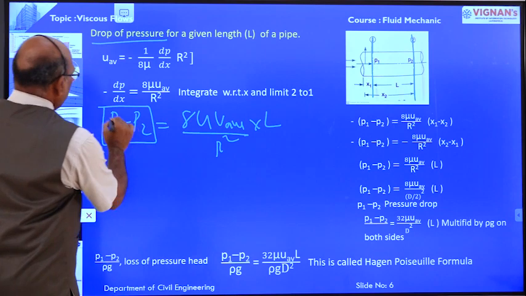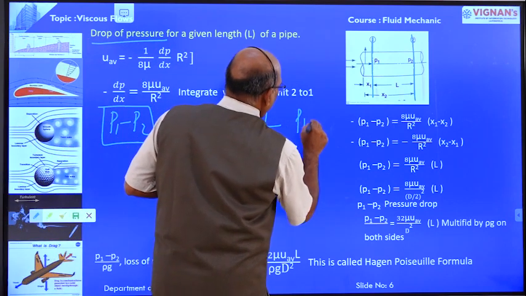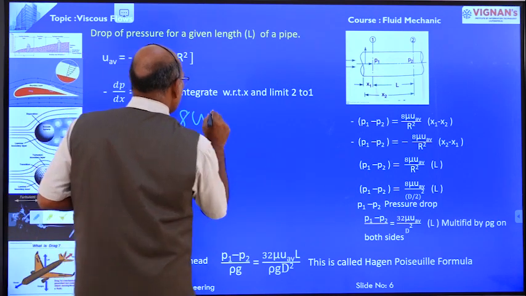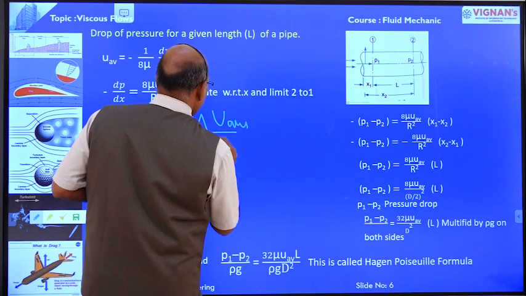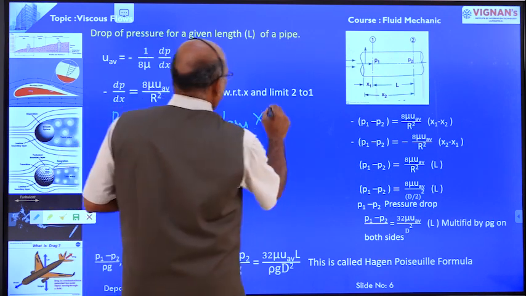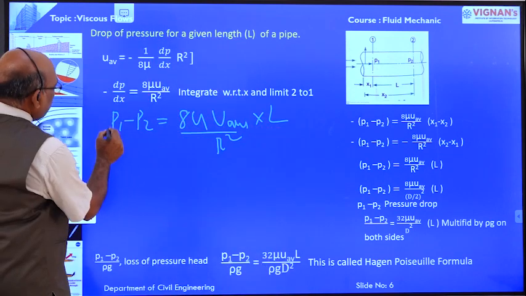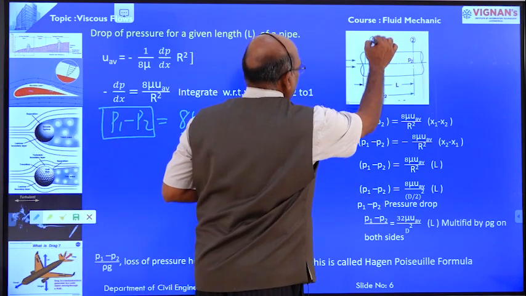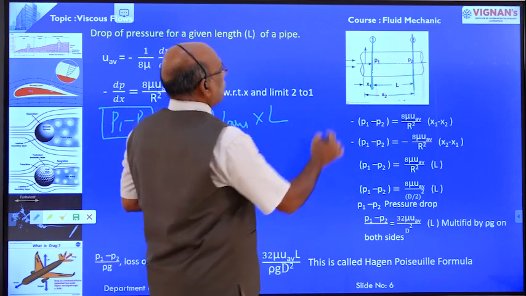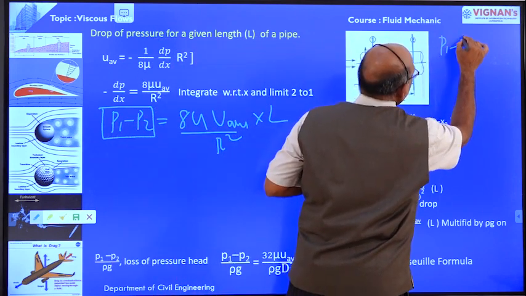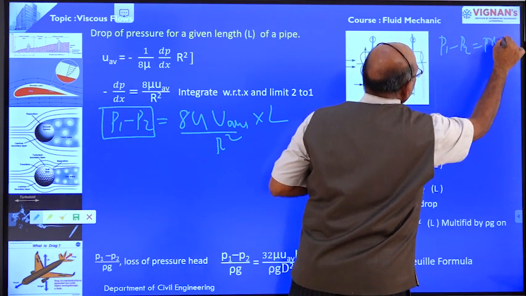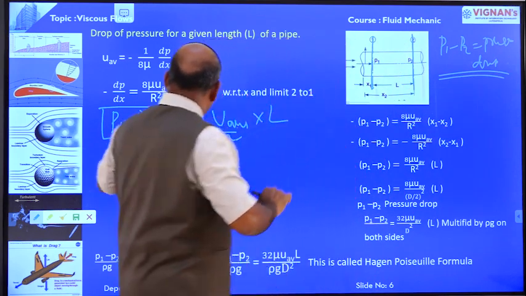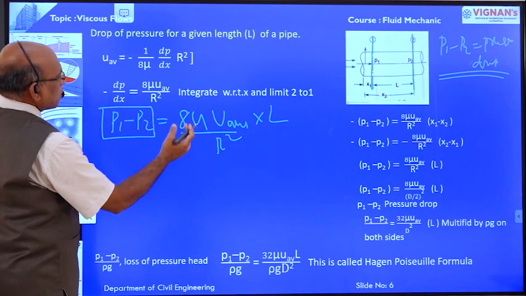Now divide both sides of this equation by rho g.